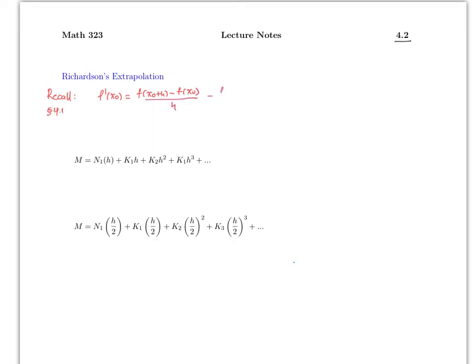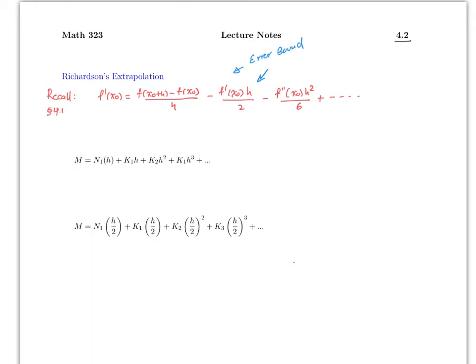Minus f prime of x0 h over 2, then the second derivative, and it keeps going forever. Remember that we decided to stop it here, and this is what we call the error bound, and we use the Cauchy notation since we stopped there.